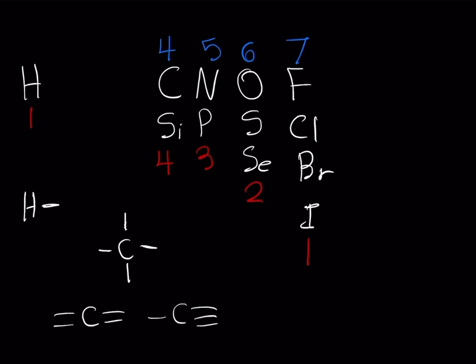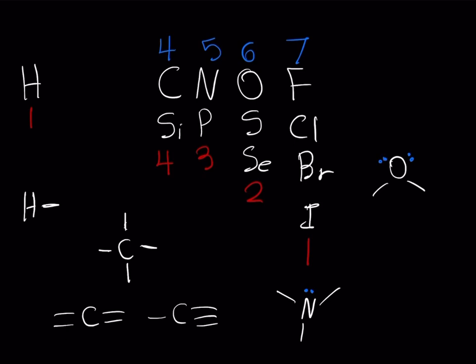For nitrogen, so nitrogen is going to be forming 3 bonds. And nitrogen usually has a lone pair. Because if you count the total number of electrons here, you have 2 here, 2 here, 2 here, so that's 6. It needs a lone pair to get to 8. So oxygen likes to form 2 bonds, and it has 2 lone pairs.